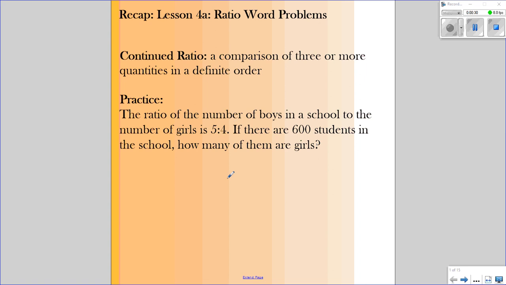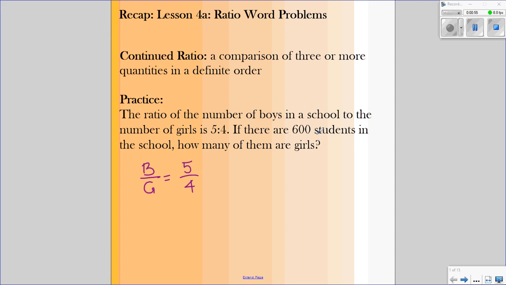So we have the ratio, and remember, however they tell you what the item or person is, if it's boys to girls, if it's in an order, then the numbers also follow in that same order. So I'm going to put B to G. You can also write that as a fraction, and it's 5 for the boys and then 4 for the girls. Now they said that there's 600 students in the school.